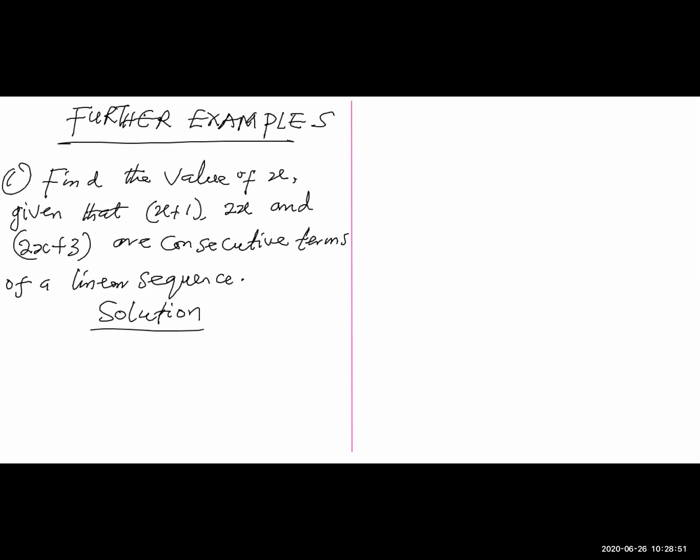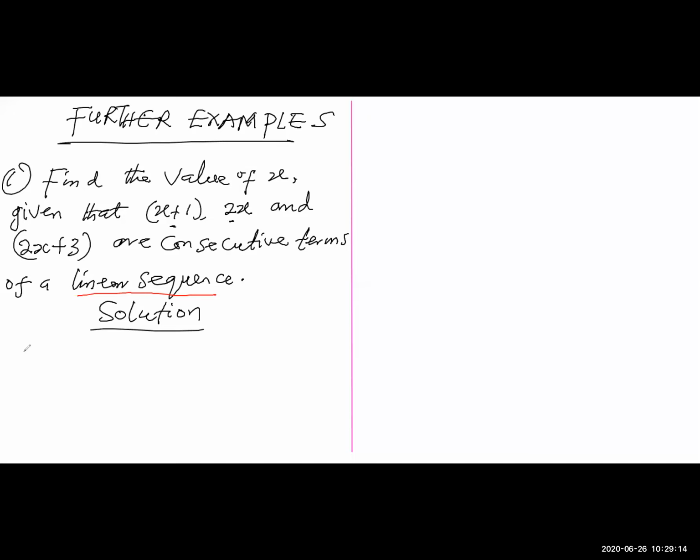All right, so you will discover that the word consecutive means coming one after the other. And they gave us a bonus here by mentioning linear sequence. So it's an AP. Okay, that is the bonus given to us. So since it's consecutive, it means that this is the first one, second one, and the third one.